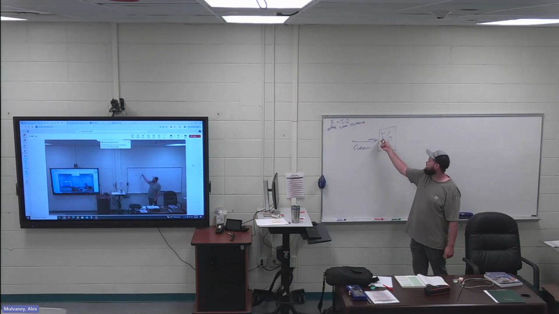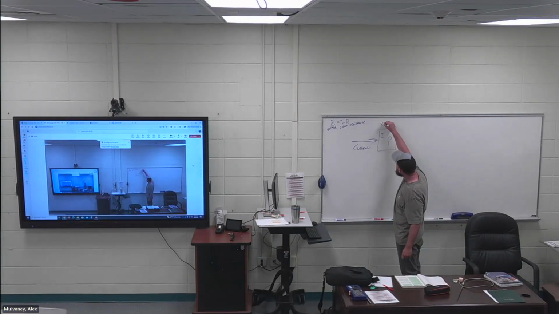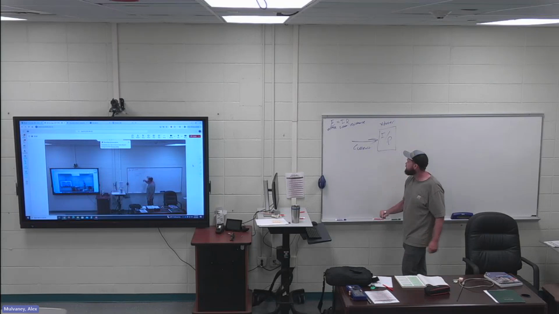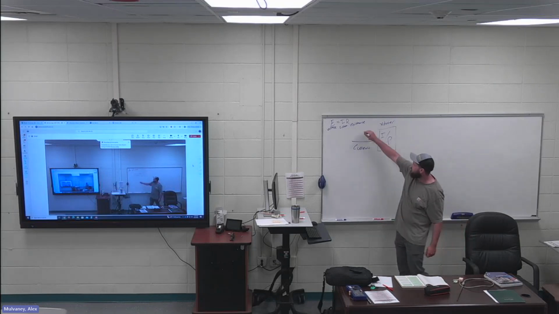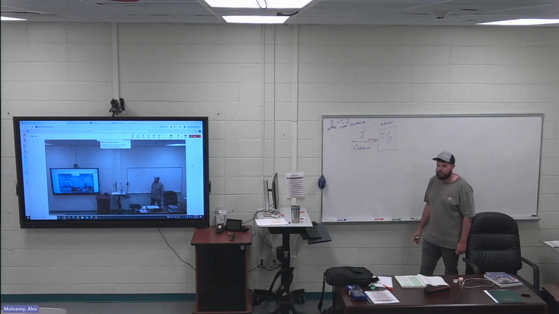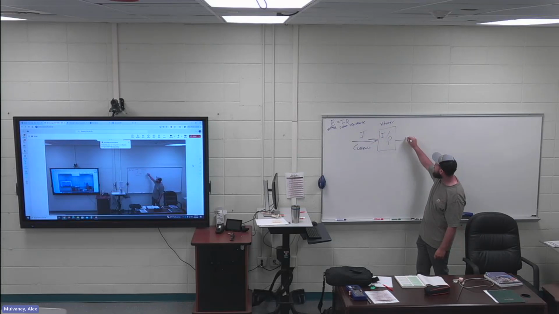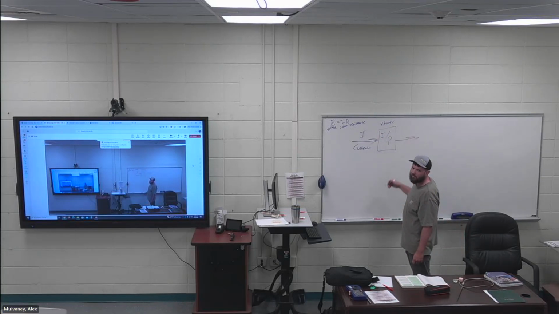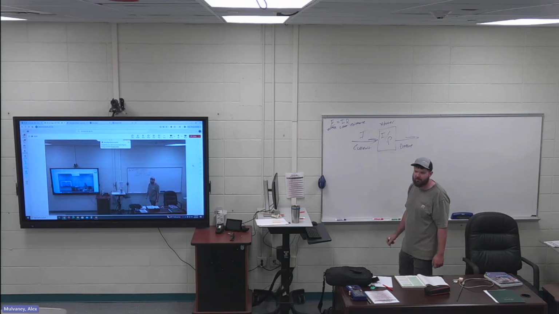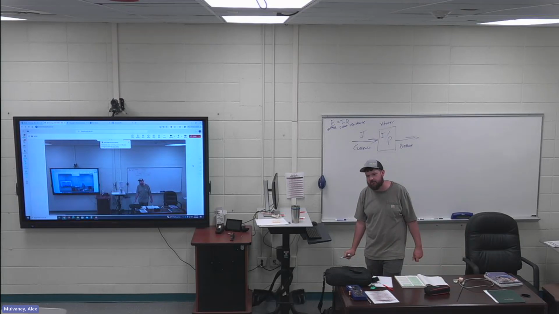So this is the transducer. Current coming in, written with an I. P coming out, what does P stand for? Pressure. So pressure coming out. What's our most common instrumentation signal?